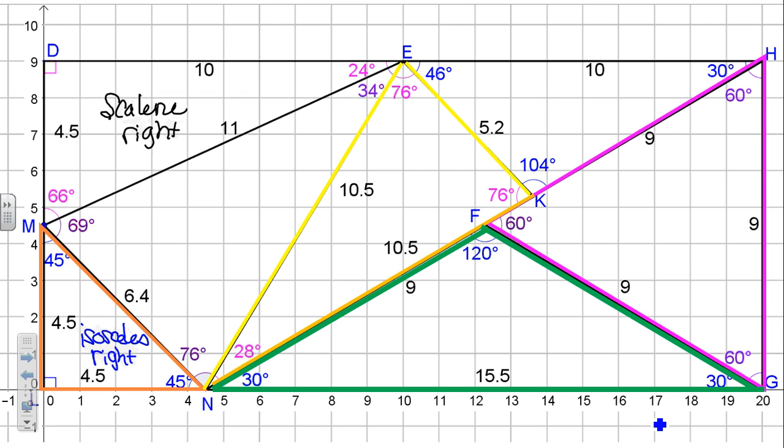So Drew, what kind of triangle do we have here? Scalene and what else? Acute. I like it. Okay. Yellow triangle, Vinny, what kind do we have? Acute is right. Isosceles. Okay.